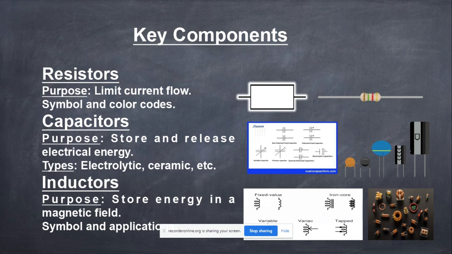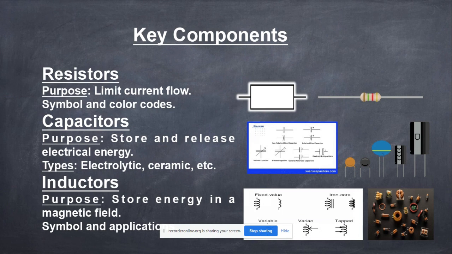As you see, capacitors store and release electrical energy, but inductors store energy in a magnetic field. So the main aim of inductors is to store energy in a magnetic field, so an electromagnetic field will be created.